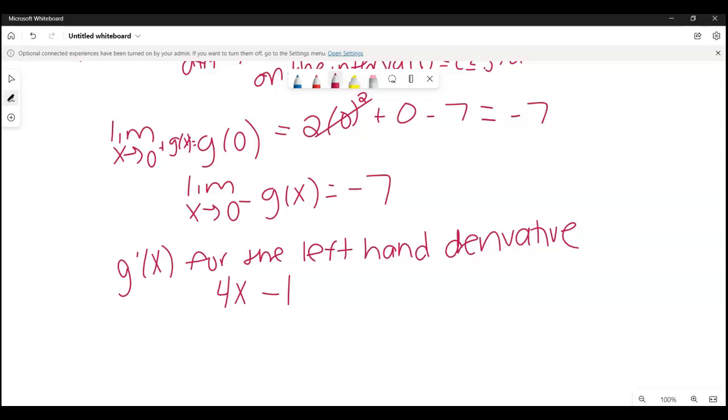The other way of writing the left-hand derivative is saying the limit as x approaches 0 from the left of g prime of x. So if you don't want to write the words for left-hand derivative, it's the limit as x approaches 0 from the left of g prime of x.